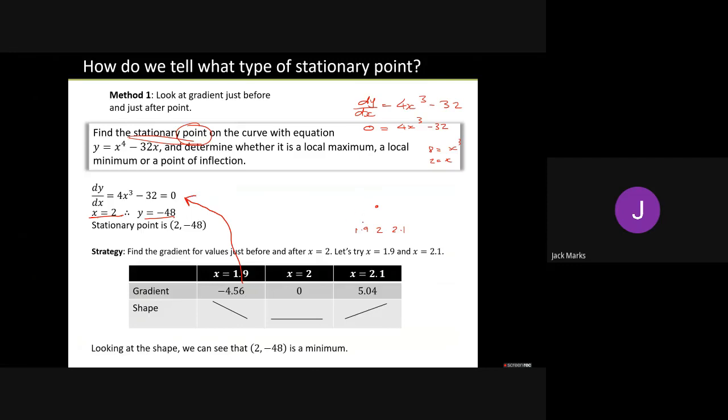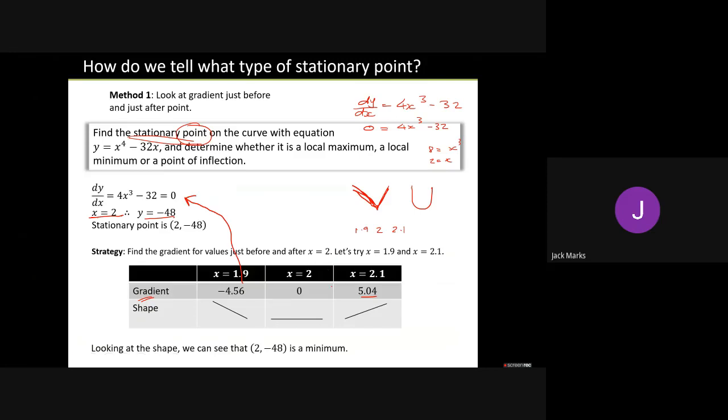In other words, slightly before 2 at 1.9, there is a line that's going down. If we plug in 2.1, so slightly afterwards, into the gradient function, we will get a value that is positive. So in other words, you have a minimum shape is what you're making there.